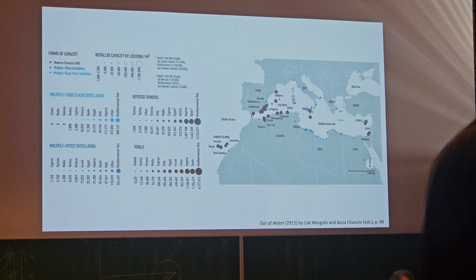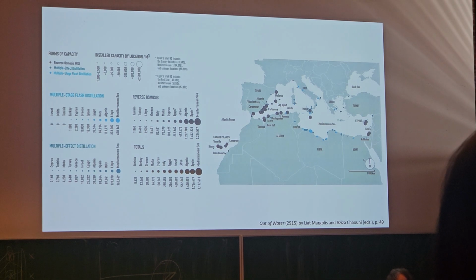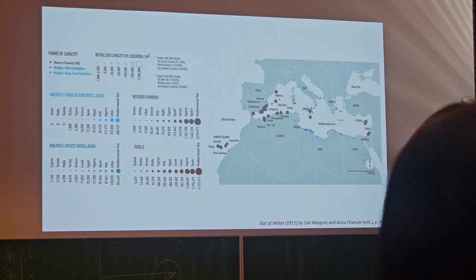So a lot of Spain, Portugal, they're in fear of almost a kind of effect of the Sahara coming. That's one problem. Another problem is they have less precipitation, less water, more people needing more water with less water available.